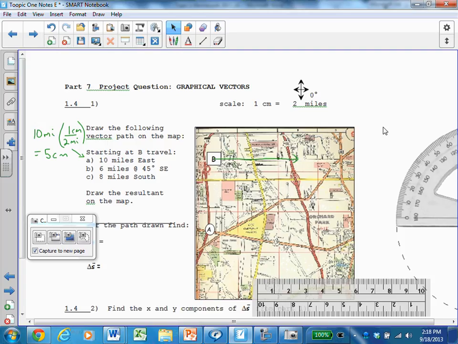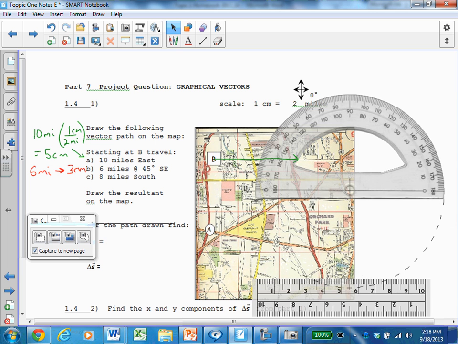So, there's that. Now 6 miles at 45 degrees southeast. Well, we got to change that 6 miles. I think I can see that it's going to be 3 centimeters, right? It's amazing, isn't it?